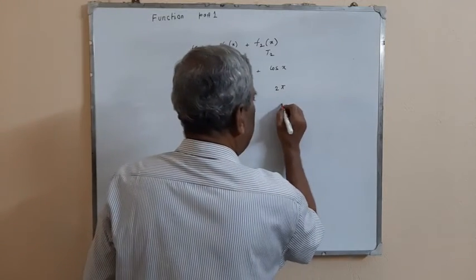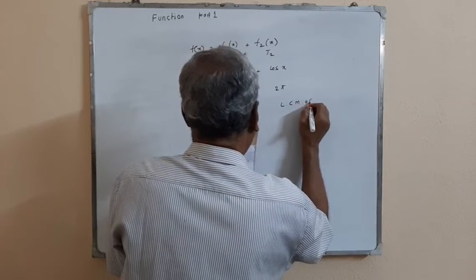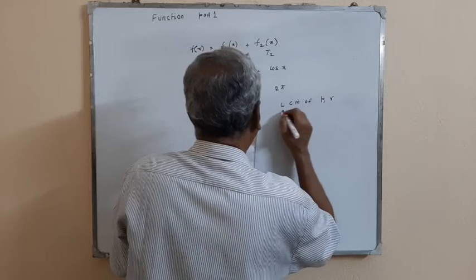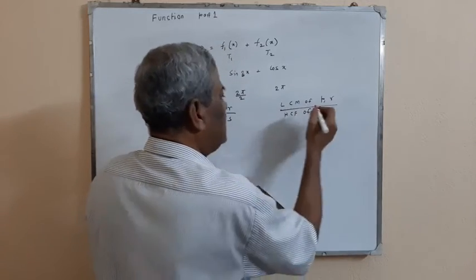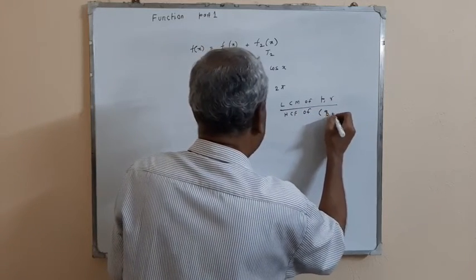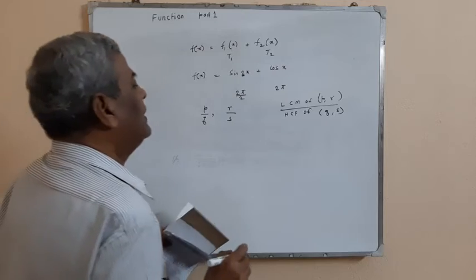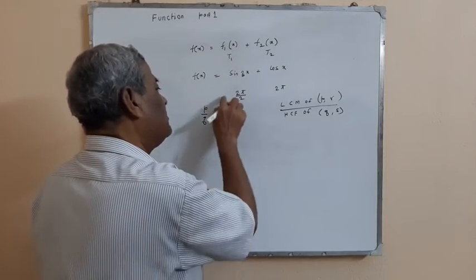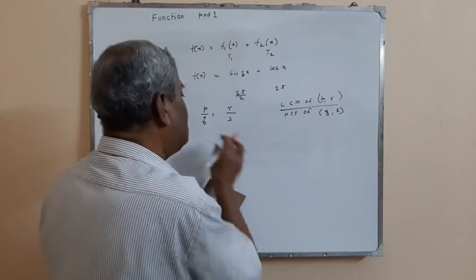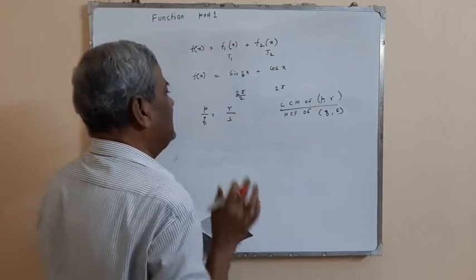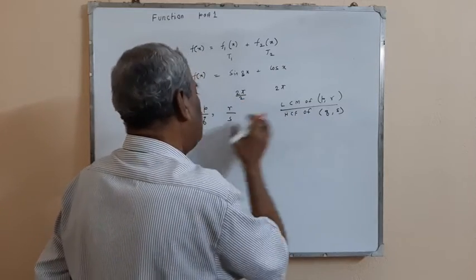The LCM of the two fractions is the LCM of the numerators, p and r, divided by the HCF of their denominators, q and s.